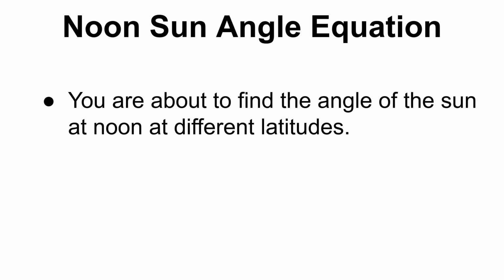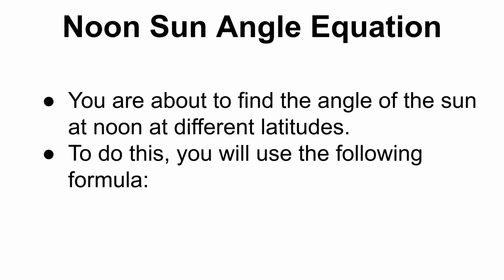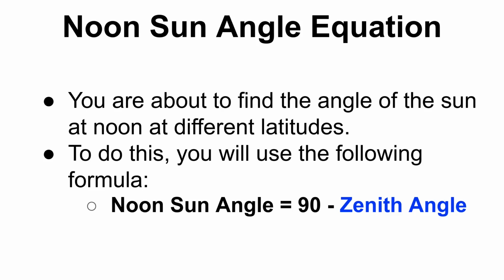So let's go through this. We're about to find the angle of the sun at noon at different latitudes. You will use the following formula. The noon sun angle, which I'll abbreviate NSA, equals 90 degrees minus the zenith angle.